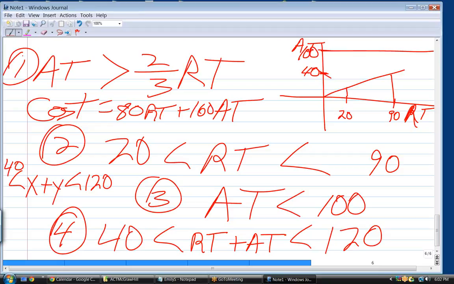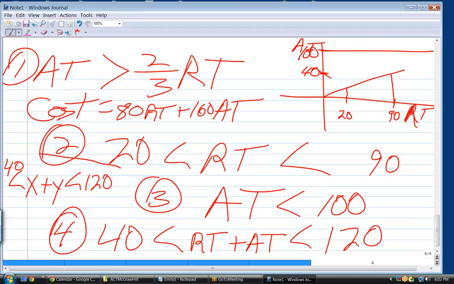So the next equation is y is greater than 40 minus x. In other words, in my drawing here, RT is the x-axis, AT is the y-axis.